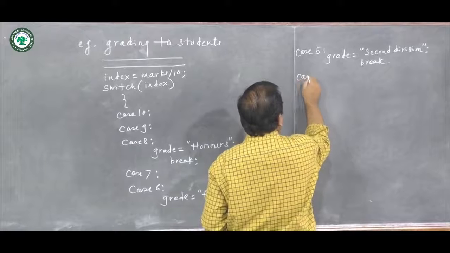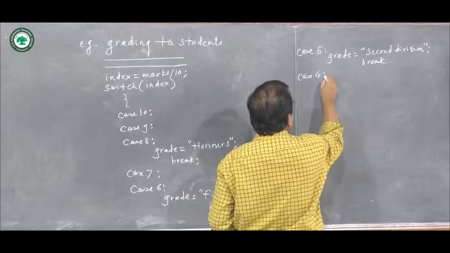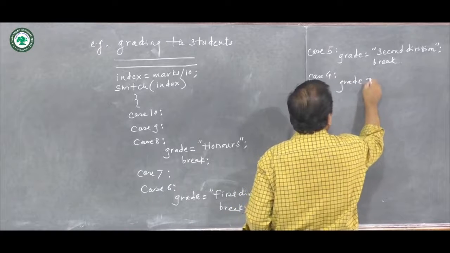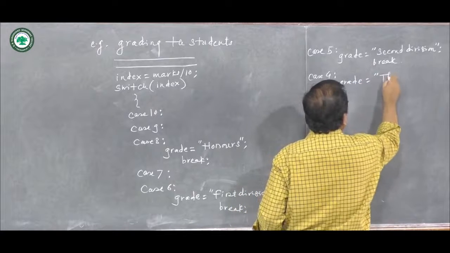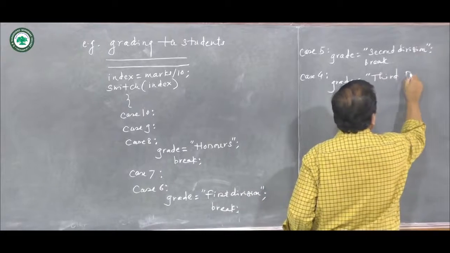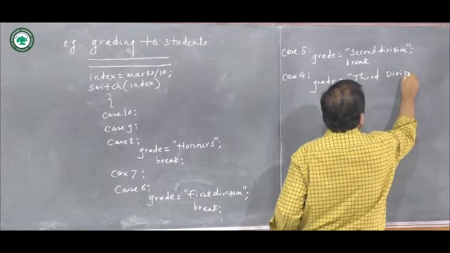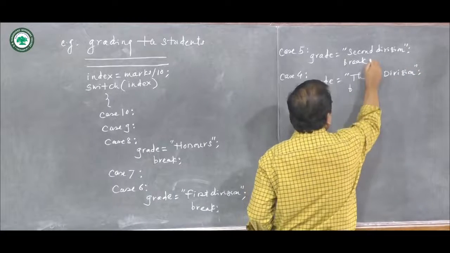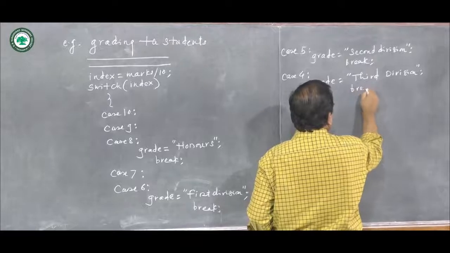Then case 4, grade equal to third division, semicolon followed by break. After break there is a semicolon.